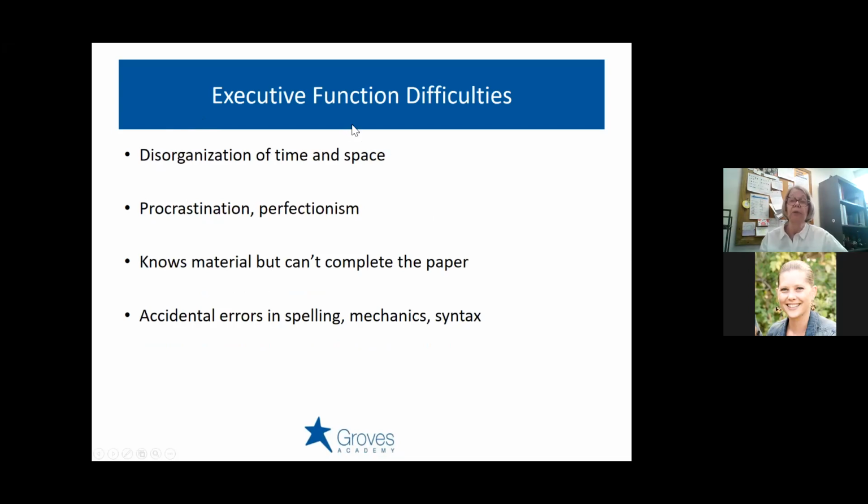Maybe items in the writing are not organized according to chronological order or some order that makes sense to the audience. Then, as always, procrastination, leaving things to the last minute, being so perfectionistic that you can't really finish because it's not perfect, so therefore you don't turn it in, and so on.